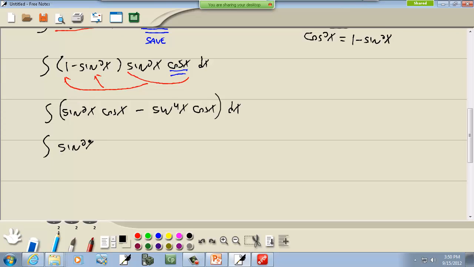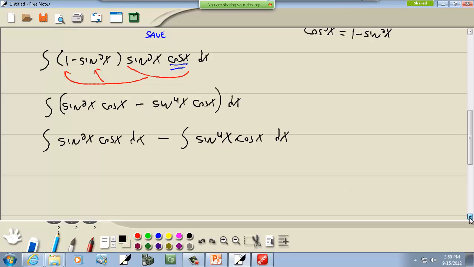So this one is sine squared cosine dx minus sine to the fourth cosine dx. I didn't do that in blue, did I?